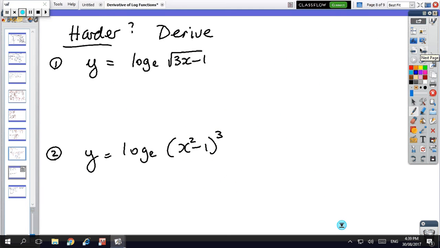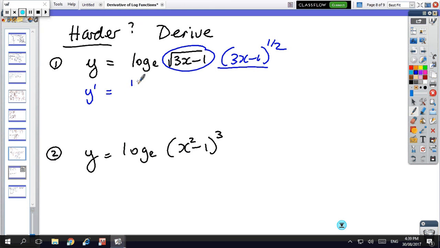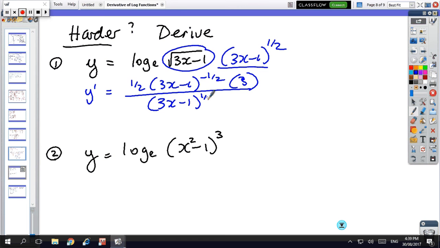Okay, so let's see some harder ones. First of all, you've got to remember that that's the same as 3x minus 1 to the power of half. So the derivative is the derivative of the bracket, which is a half, 3x minus 1, subtract 1 from the power, multiply by the derivative of the bracket, and then divide by the function, which is 3x minus 1 to the half.